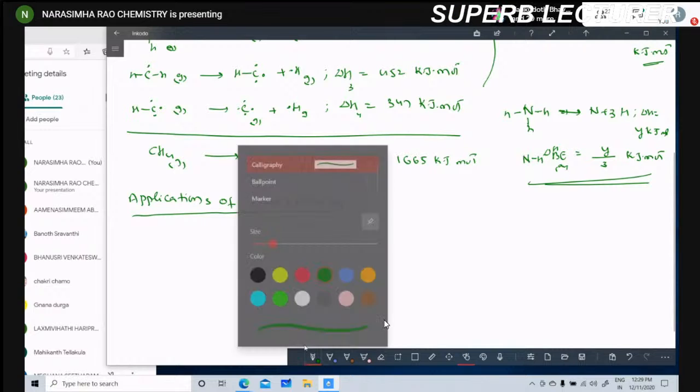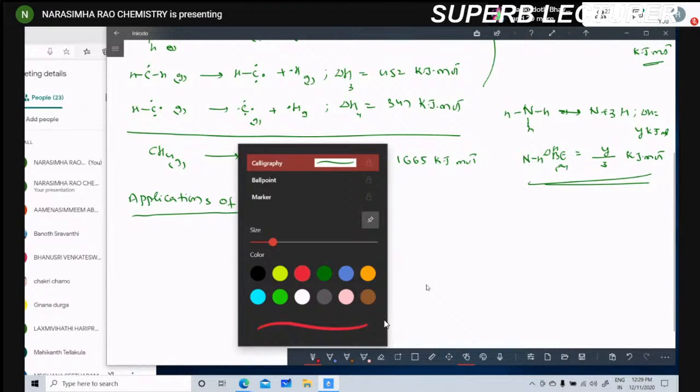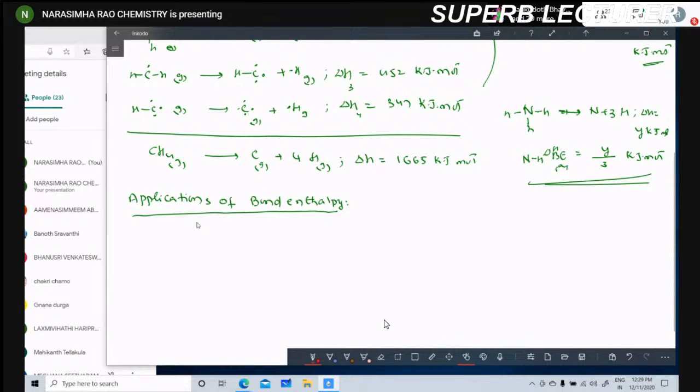Now, let me discuss it. Clear? Right. Now, the first one: determination of enthalpy of reaction. Important for NEET.